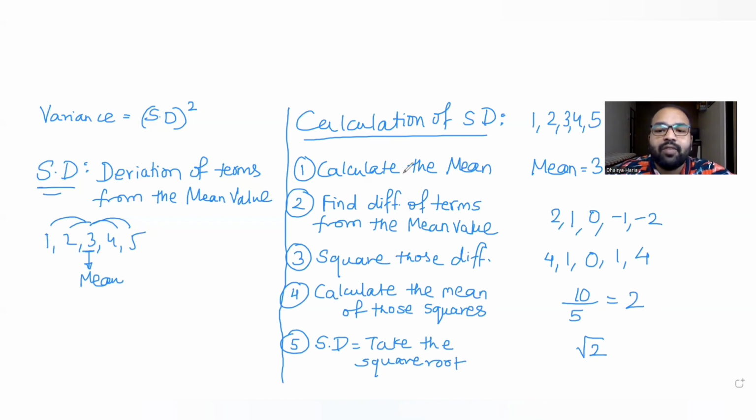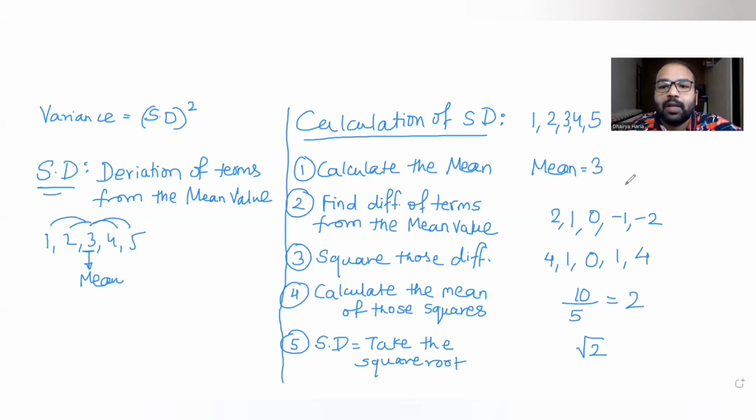Now let's derive the formula for this. I'll derive it here only. Let's say there are 5 terms here, so I have my terms as x1, x2, x3, x4, x5. So let's say there are xi terms where i goes from 1 to any number n, right? If I want to calculate the mean, how do you calculate it?